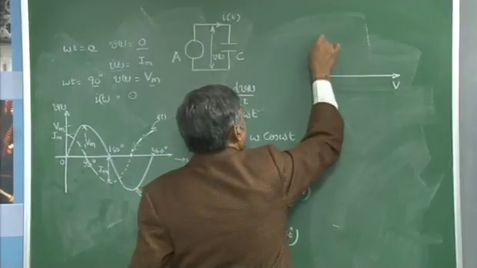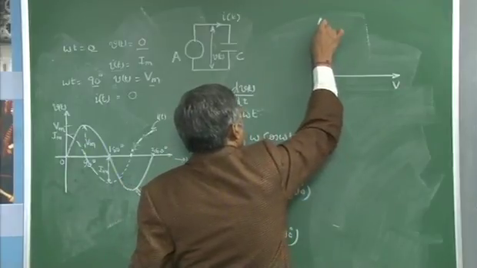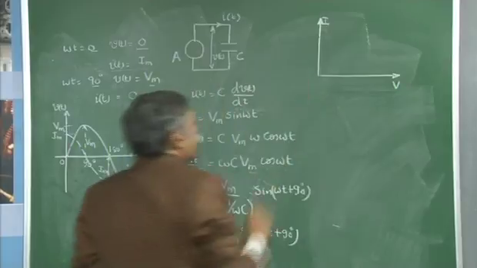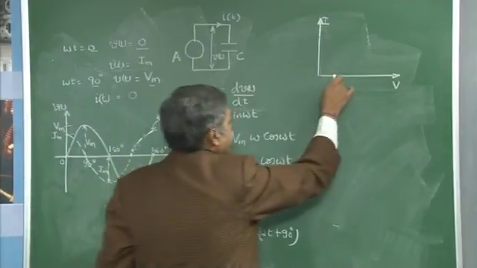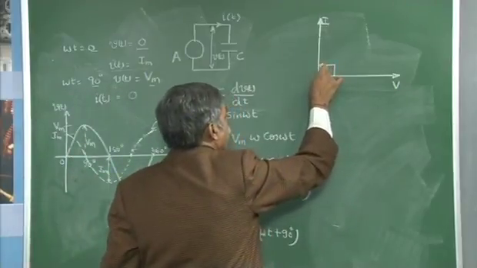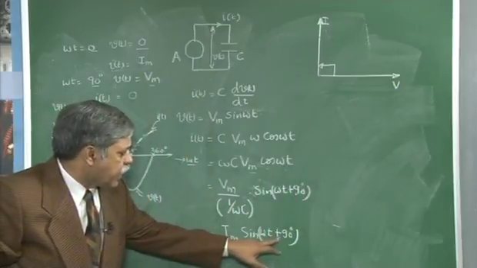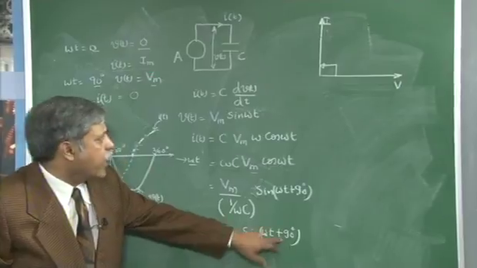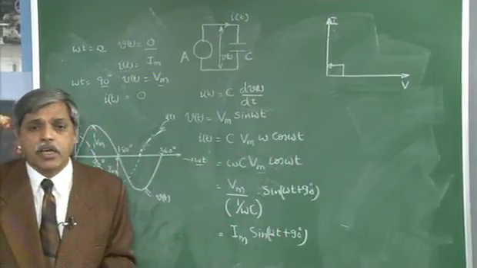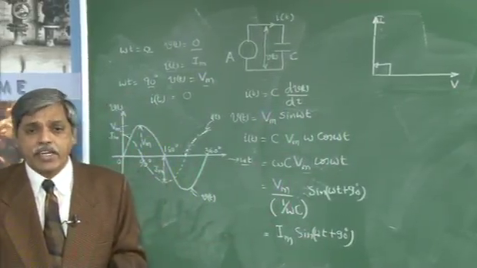The current I in the capacitor leads the voltage by 90 degrees. Why I say leading is because in the expression for current I have a plus 90 here. So this plus sign says the current in the capacitor leads the voltage by 90 degrees.